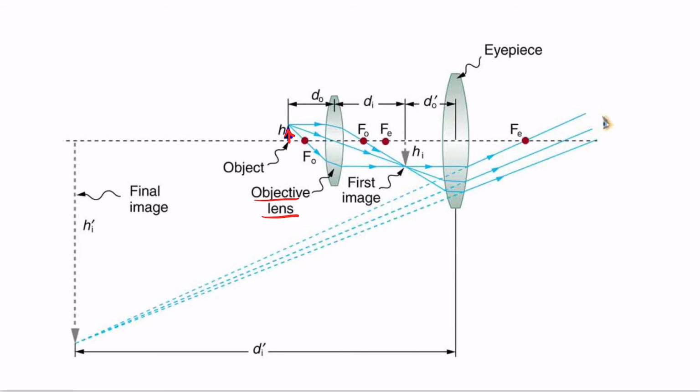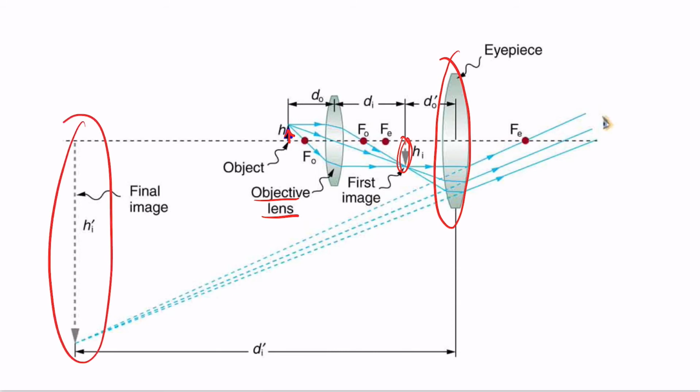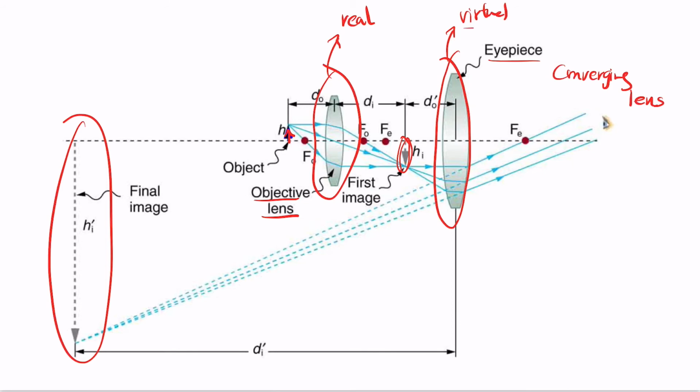It increases the height of the image by a certain magnification factor, and by using the eyepiece we change the magnification of the second image and get the final image, which raises the final magnification factor to a really high value. Both lenses are generally converging lenses. The first one creates a real image and the second one creates a virtual image. So this is the idea behind the construction of a microscope and how it works.